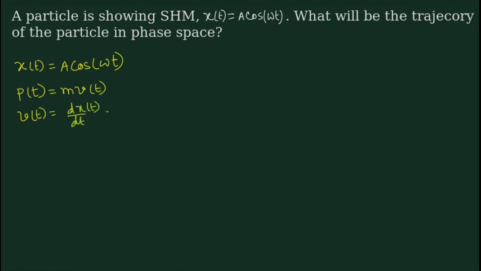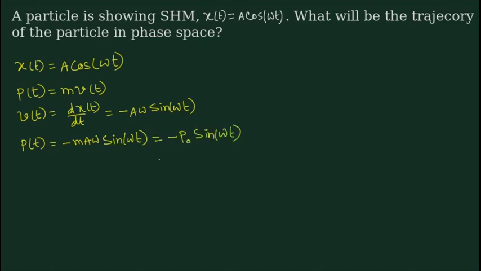Okay. So that is minus A omega sine of omega t. So the momentum will be p(t) equal to minus m A omega into sine of omega t. Okay, let's say this is equal to minus p naught into sine of omega t, where p naught equal to m A times omega.